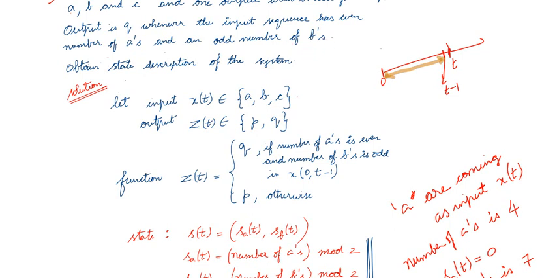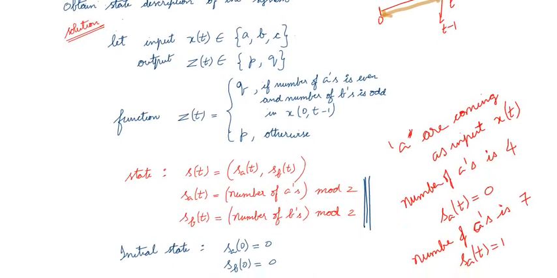Output is Q whenever the input sequence has an even number of A's and an odd number of B's. Even number of A's means even number of A's are present, mod 2 is 0, SA of t is 0. Similarly, the number of B's is an odd number, any odd number mod 2 gives the remainder 1. So SA of t is 0, SB of t is 1.